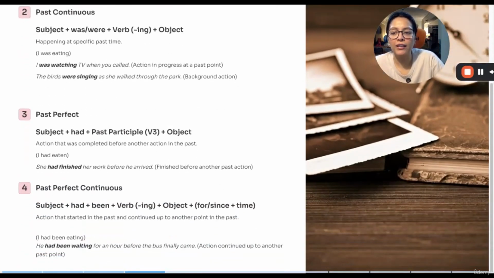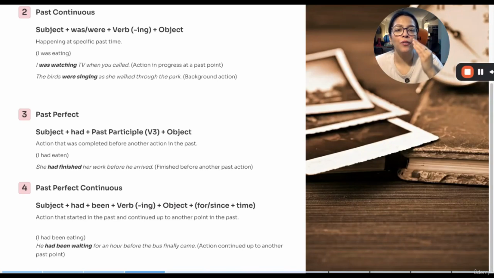Next is past perfect. Past perfect is action that was completed before another action in the past started. Now, how do you identify this? These kind of sentences will have two set of actions, two different things happening one after the other.